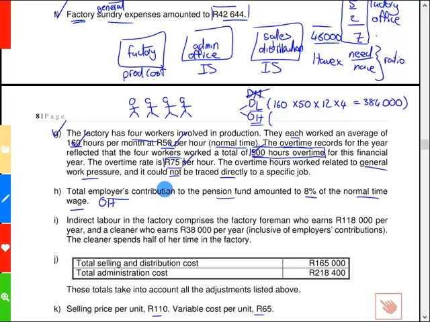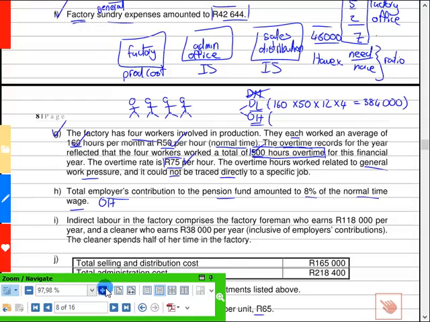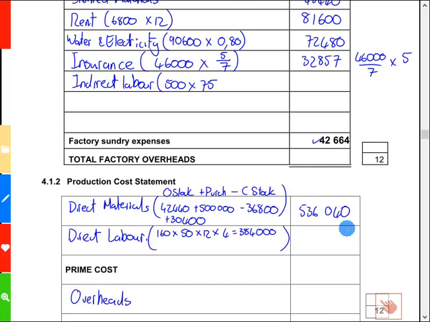Everything related to the normal time work will be direct labor, but pension contributions are not the normal wage. This is something over and above their normal hourly wage that gets contributed. That's why it's going to form part of overheads. So 8% of the normal time wage.